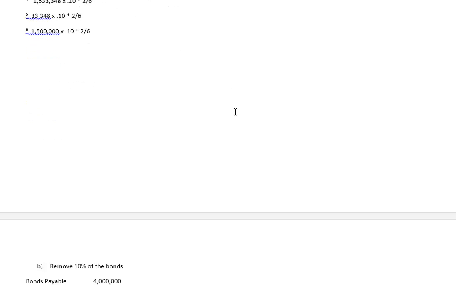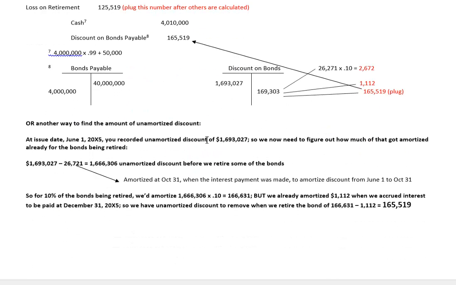So why is that important? Because if I had this much, $1,666,306 unamortized on all of the bonds before we retired, that means applying only 10% of it, I have left to amortize $166,631 at the retirement date. But we just showed you where we amortized in step 1 to update our interest accounts $1,112.